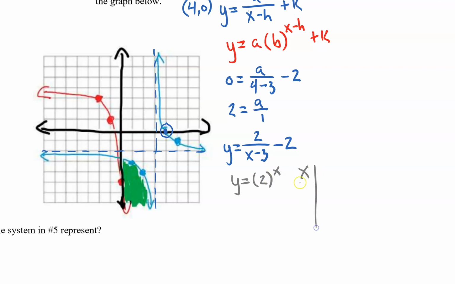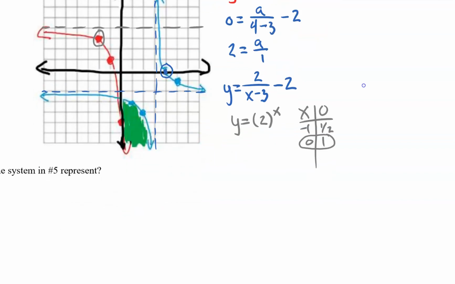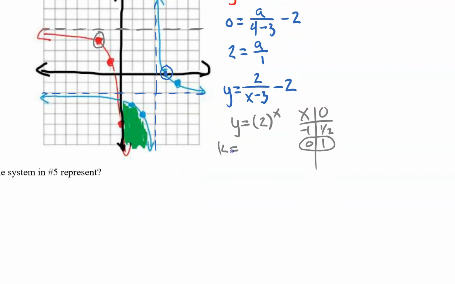To graph this, and we did this earlier, if I put in -1, I should get a half. If I put in 0, I should get 1. Well, this is the important one right here, because that represents this one right here. I know there's an asymptote line running right here. That tells me for this one, my k is going to equal 4.